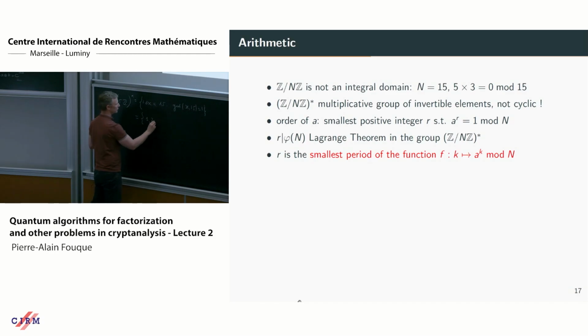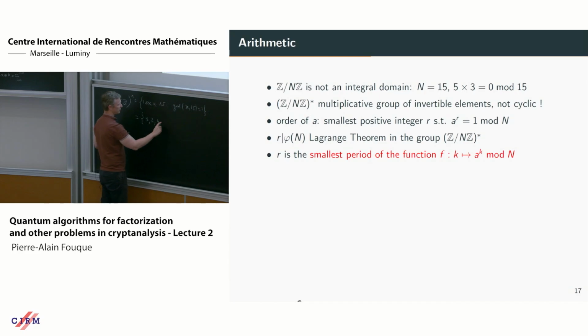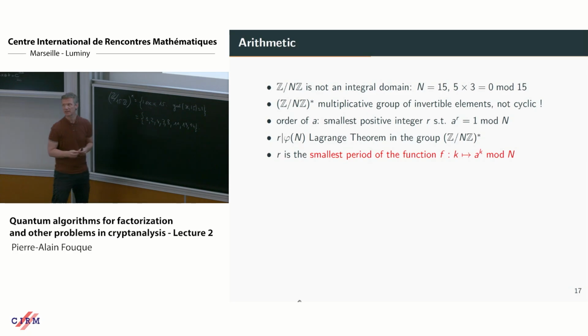You have 2, you don't have 3, you have 4, you don't have 5, you don't have 6 because of 3, 7, 8, you don't have 9, neither 10, 11, you don't have 12, 13, and 14. So you have 1, 2, 3, 4, 5, 6, 7, 8 elements in this set.